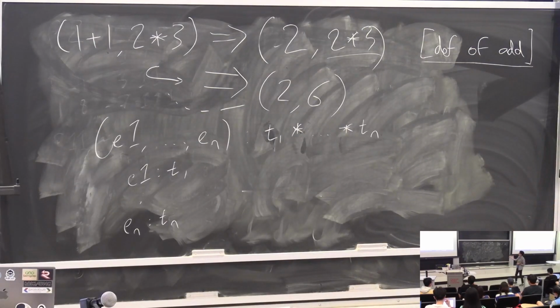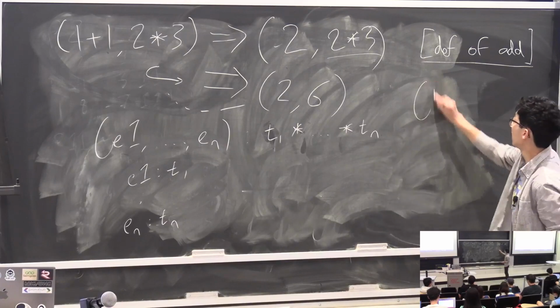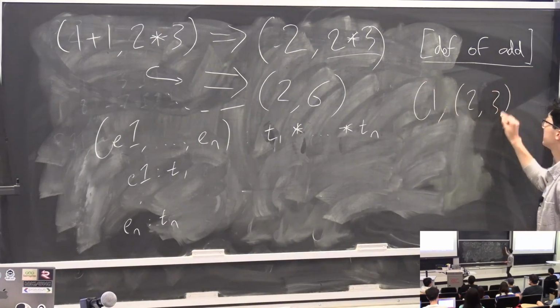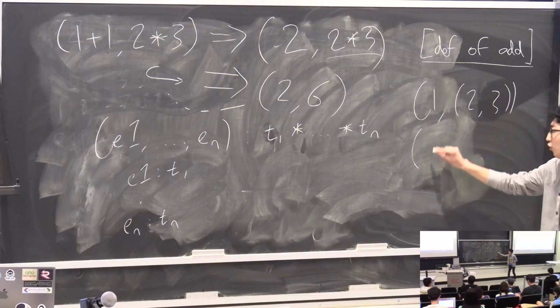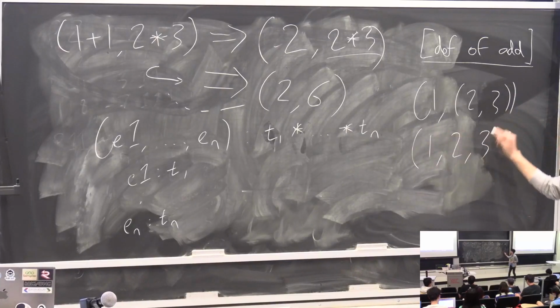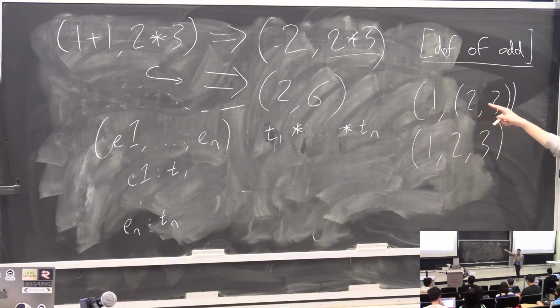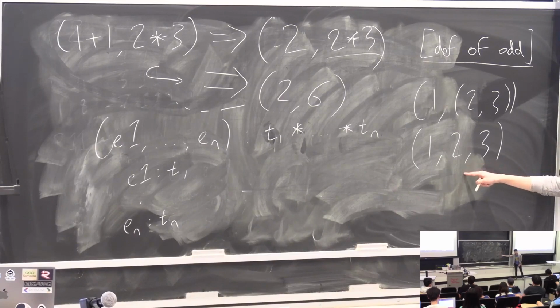And then parentheses matter. If I have 1, 2, 3, this is a different value than the tuple 1, (2, 3). Why? Because this thing has 2 things in it. The second thing just happens to be a tuple. This thing has 3 things in it. Each thing is an int. The types are also different.